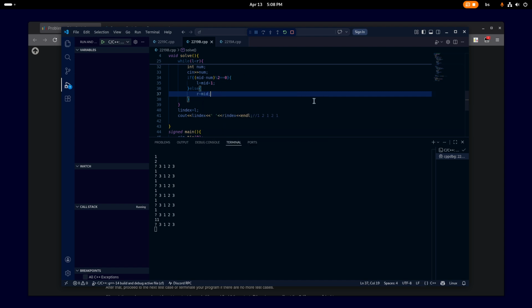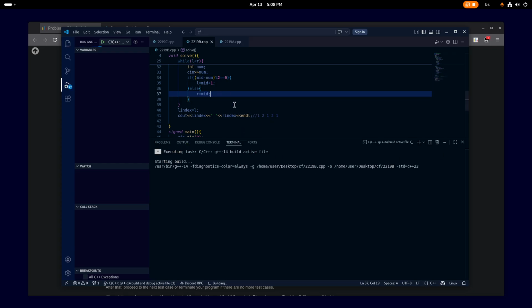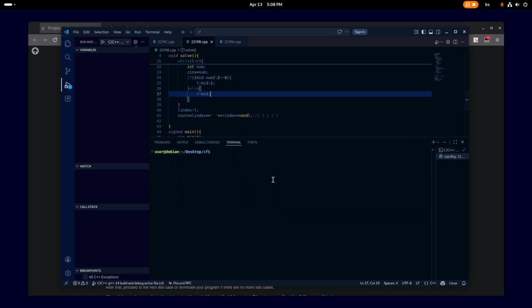And parity might be wrong here. We'll see. Again, this one. Yeah, so 1. Okay. Yeah, this.